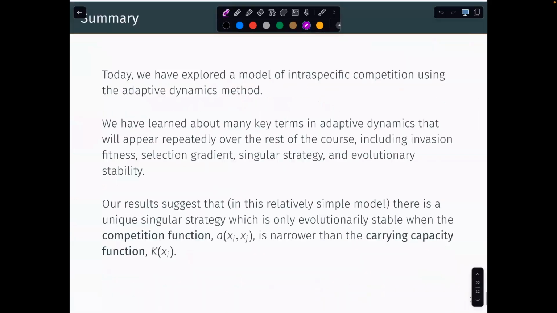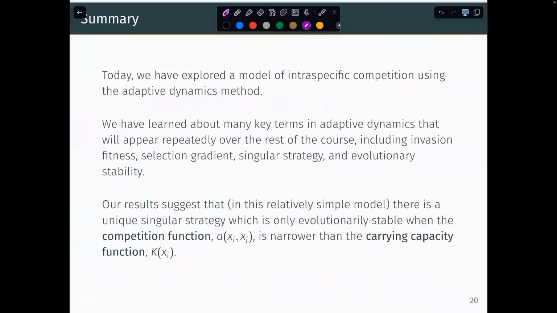Well, it suggests perhaps in this relatively simple model that there is a unique singular strategy which is only evolutionarily stable when the competition function is narrower than the carrying capacity function. It's a speculation, but it's telling us something about two fundamental biological properties of this system and what the relationship must be between them in order for us to get some kind of evolutionary optimal outcome.